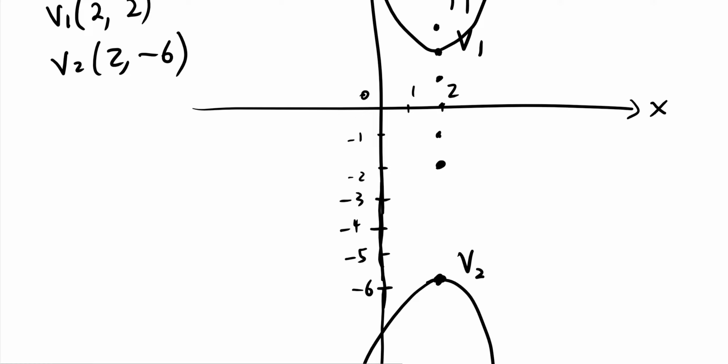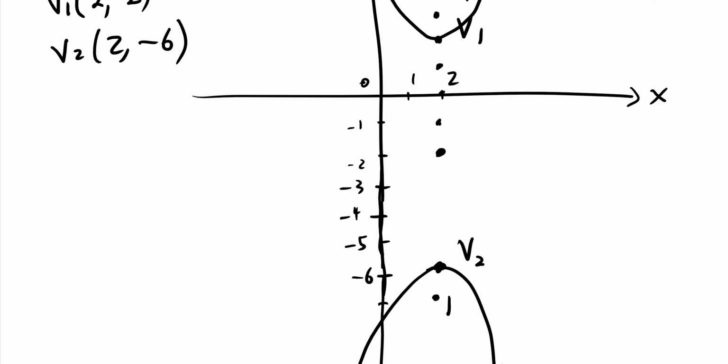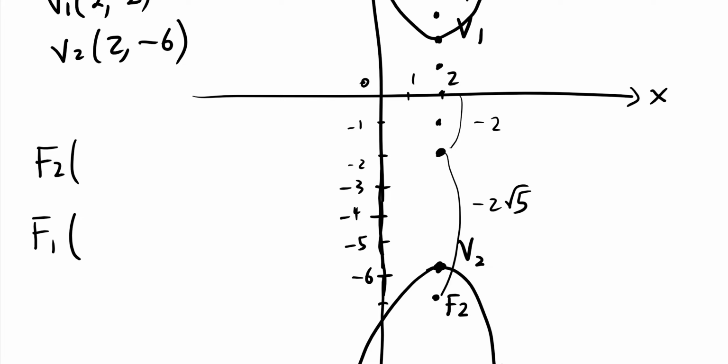And then you go down somewhere here, 2 root 5 down. From here to here it was negative 2, and then from here to here, negative 2 root 5. So F2, both of them have x equals 2. But F2 went down to negative 2 minus 2 square root of 5.